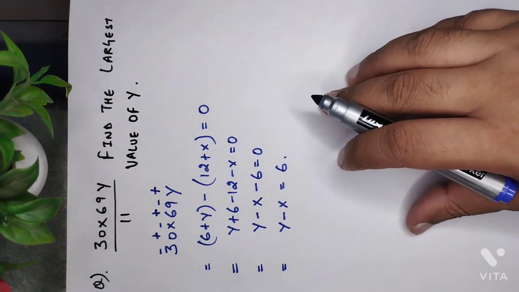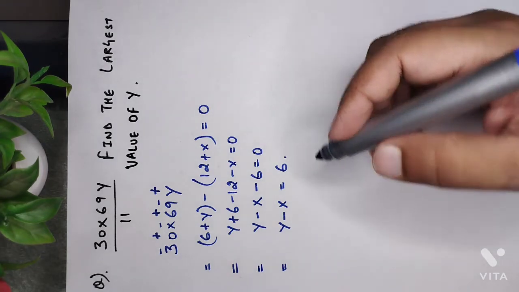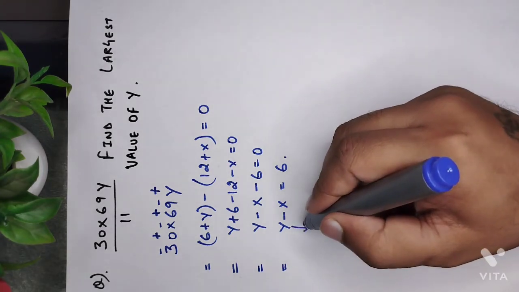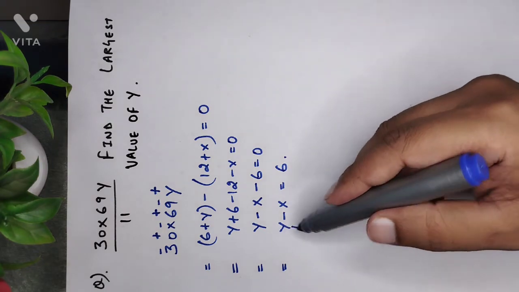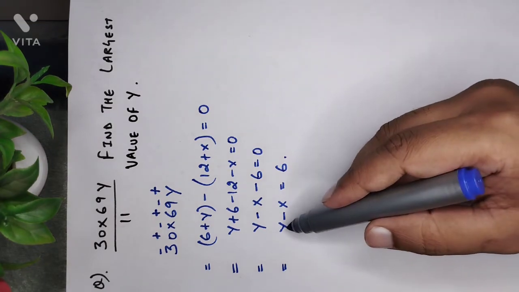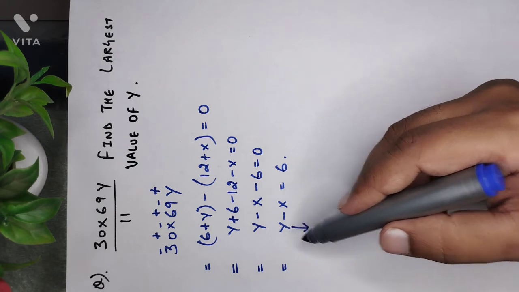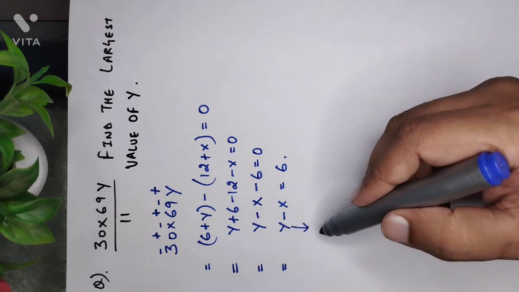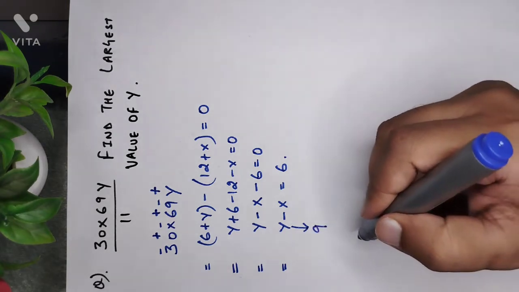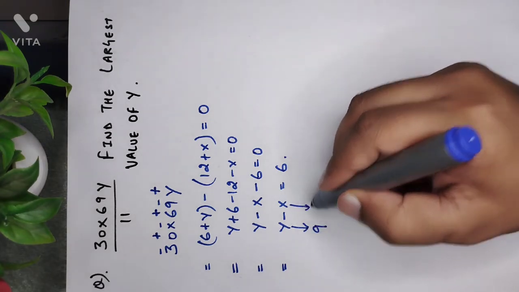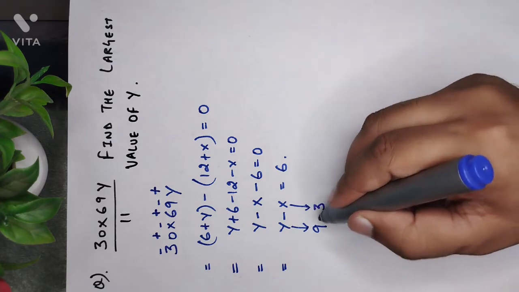Now what we can do in this one is, for largest value of y, I will just simply keep the value of y as largest. Now I cannot keep y as 10 because y should only be of single digit. So I cannot keep double digits here. So the largest value of y is 9. Now what should I subtract so that I will get the 6? I can say 3.